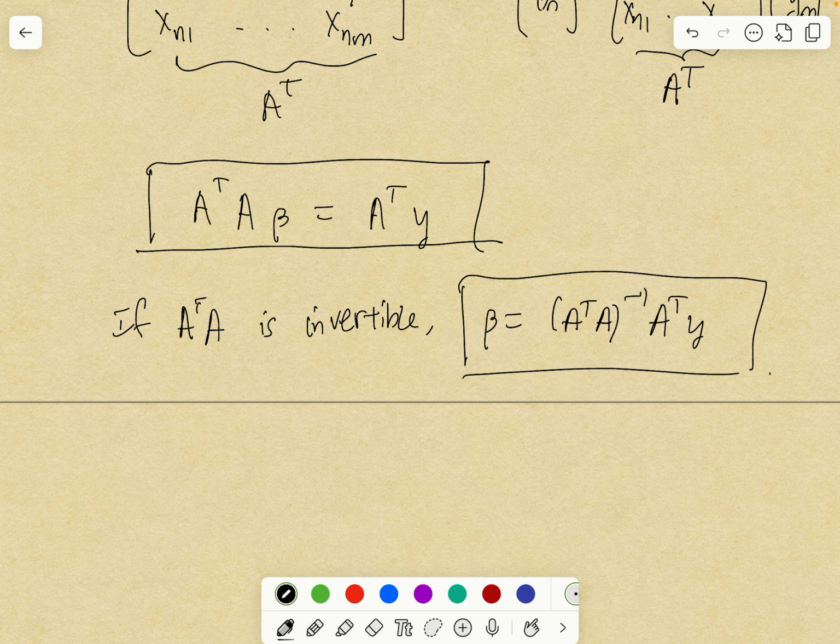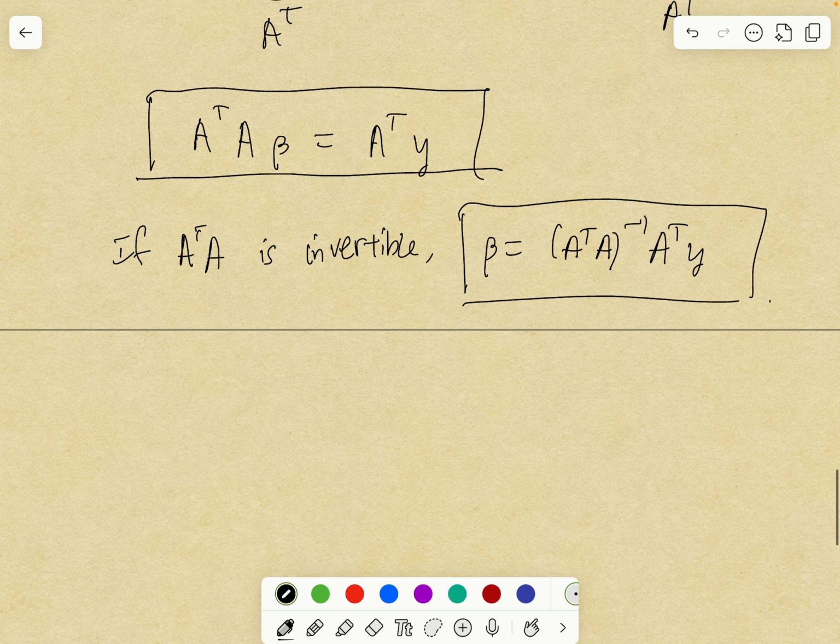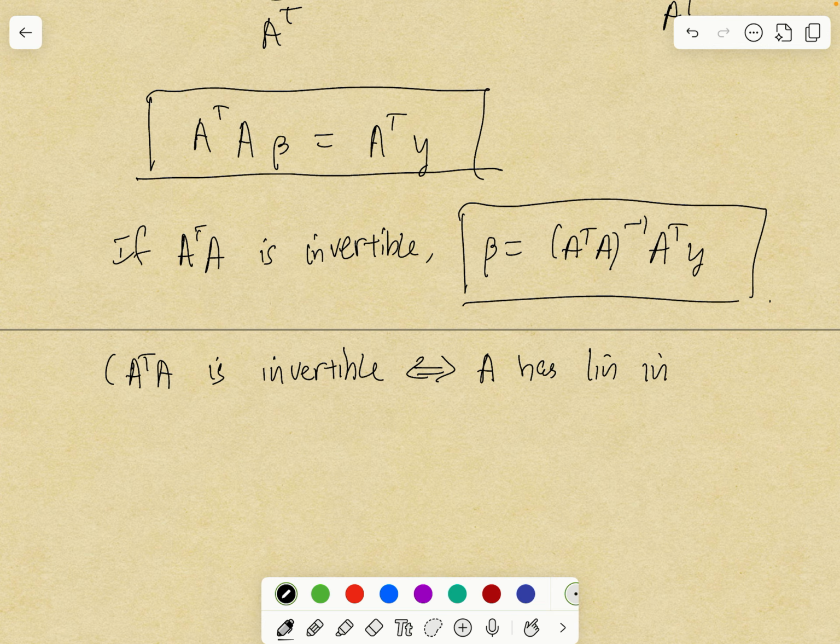Because if that matrix is invertible, then you can multiply by the inverse and solve for beta. Okay, and A transpose A will be invertible as long as A has linearly independent columns. So A transpose A is invertible if and only if A has linearly independent columns.